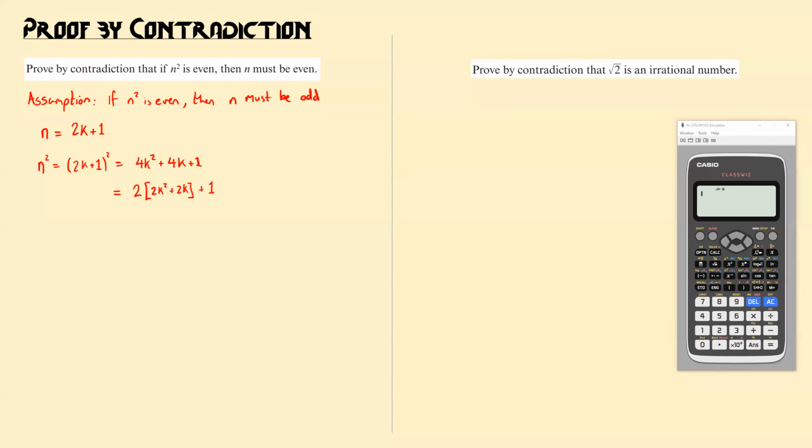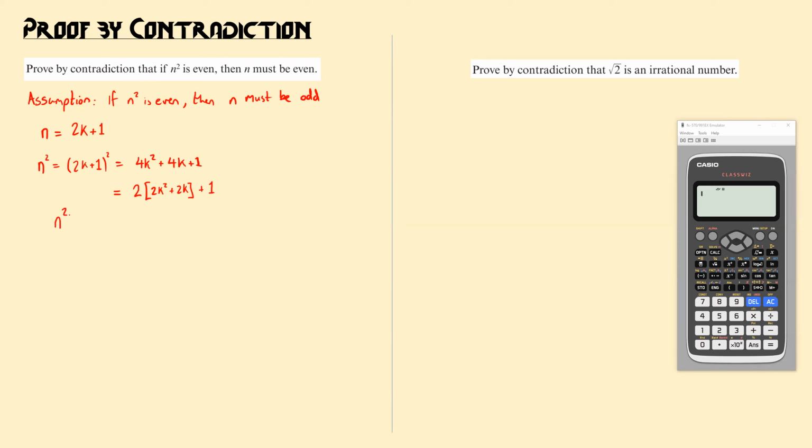So n squared is odd, and this contradicts our assumption that n squared would be even. So our assumption was that n squared is going to be even and n must be odd. So this is a contradiction.